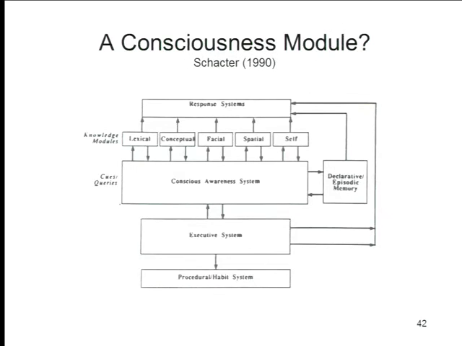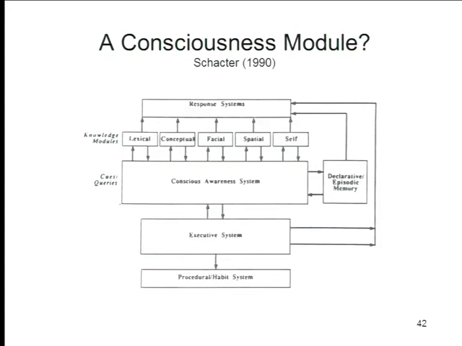If you somehow disconnect the vision module from this consciousness module, you will get a person who no longer consciously sees, but still things will rattle on inside the visual module and permit various kinds of unconscious visual processing. Now, Schacter has pretty much given up this theory at the moment, but I cite it here only as an example of how you might look for the neural correlates of consciousness using this particular kind of psychological module.